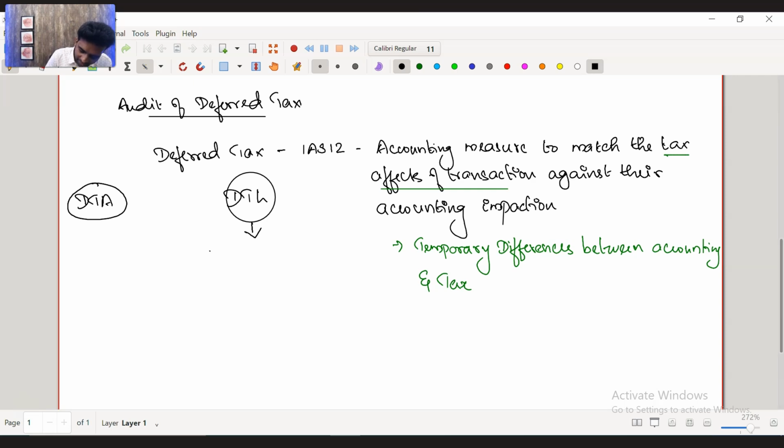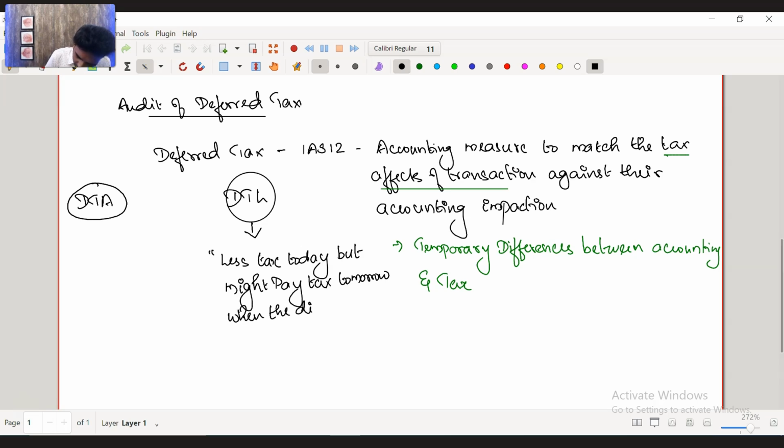Deferred tax liability we will create because we are paying less tax today, but might pay more tax tomorrow when the temporary differences are removed.